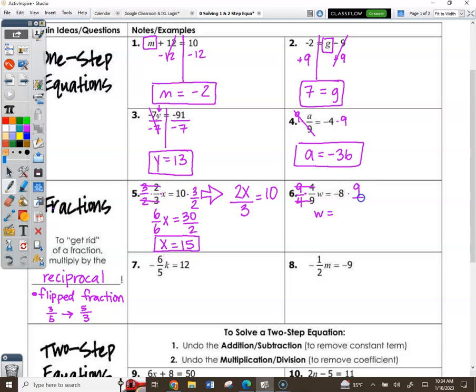Now you got to come over here and do the same thing. And then you type it exactly how you see it. -8 times 9 divide 4. There's 2 ways to type it in your calculator.